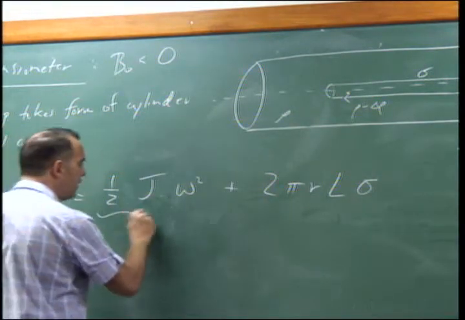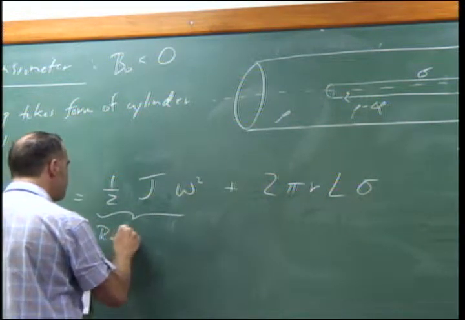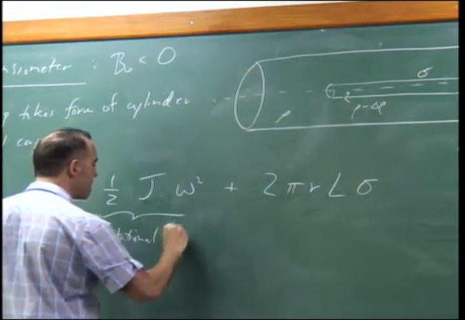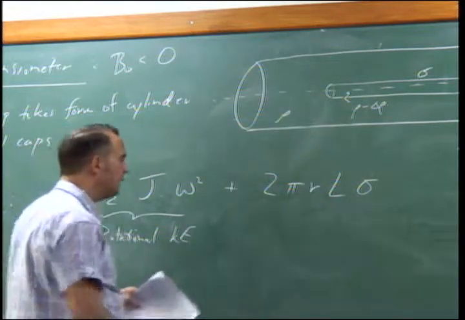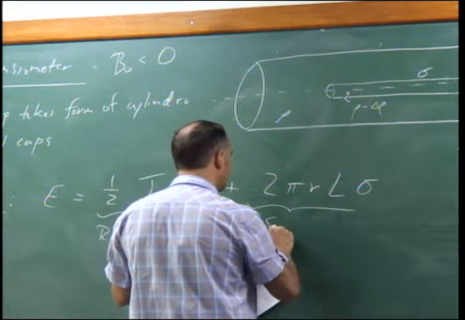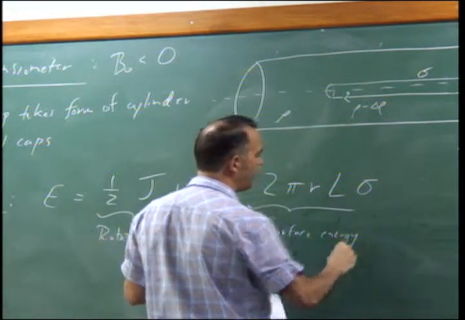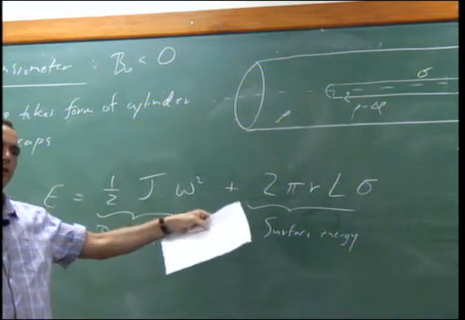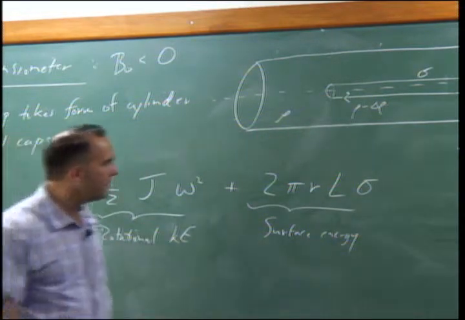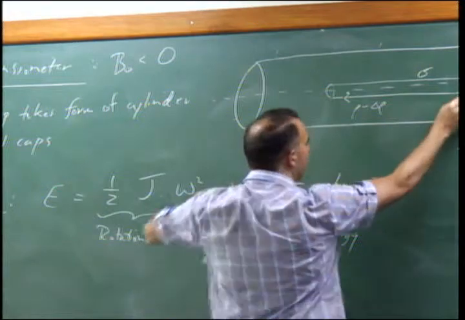So everything's in solid body rotation. Okay, so this is the rotational kinetic energy. And this is the surface energy. And if this drop is sufficiently long and thin, then we can ignore the ends, right? Because they're going to scale with this length to this length.